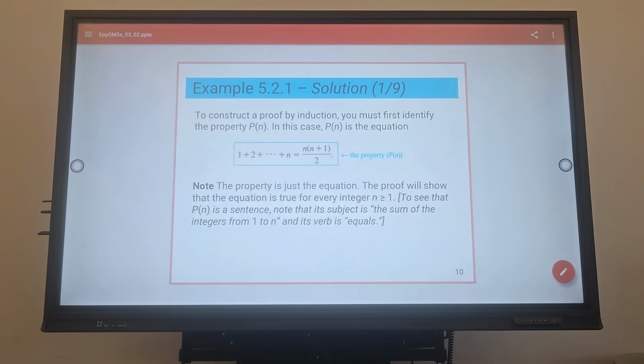To construct a proof by induction, you must first identify the property P of n. In this case, P of n is the equation given on the previous slide. Note the property is just the equation. The proof will show that the equation is true for every integer n greater than or equal to 1.